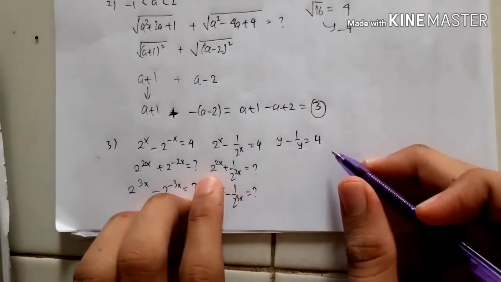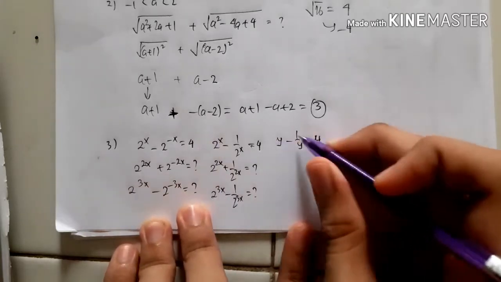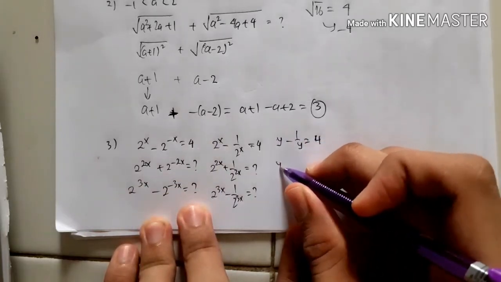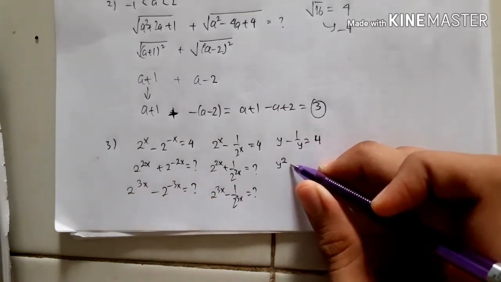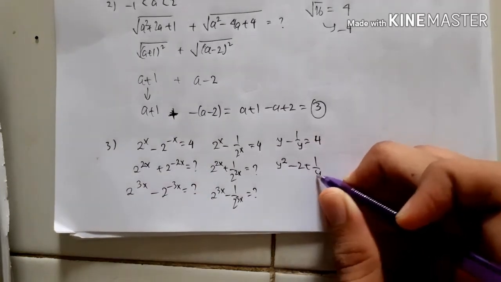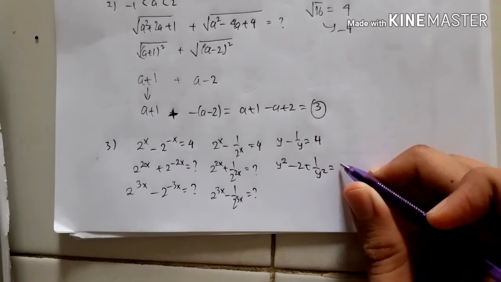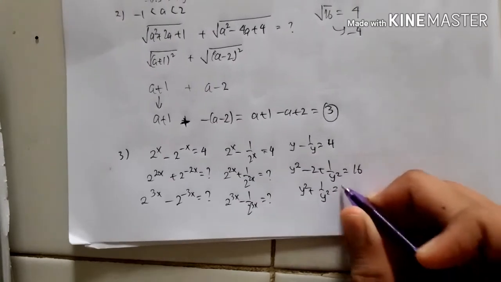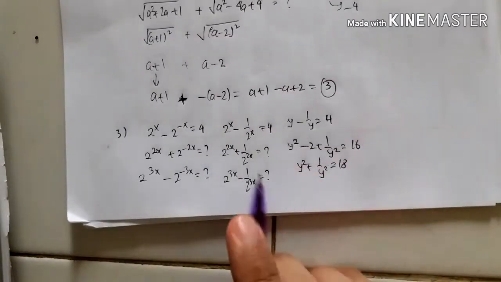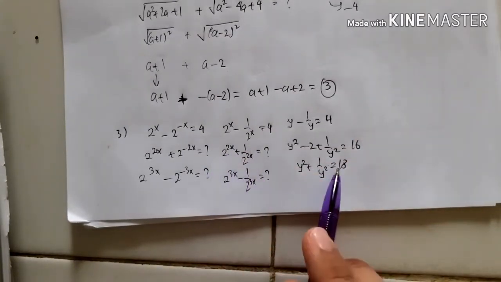If we square this, y squared minus 2 plus 1 over y squared is 16. So we get that this value is 18.